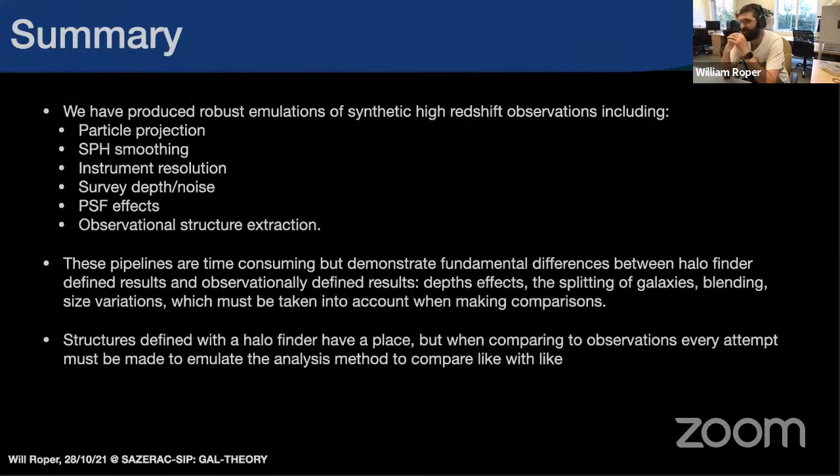And here, just in summary, I pointed out that halo finders have a place. The theoretical results definitely do have a place, but when we are comparing with observations, we have to take depth effects into account. We have to look at blending and size variations and things like that to actually make sure we are calibrating correctly, comparing the right models and getting the same results out.